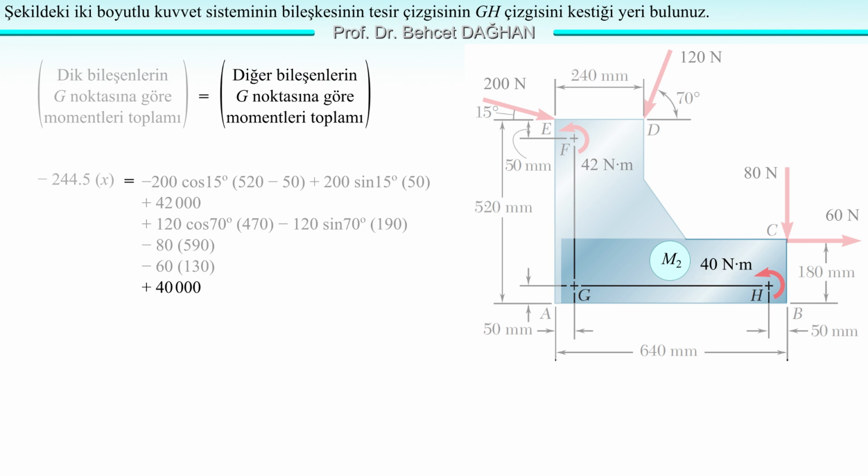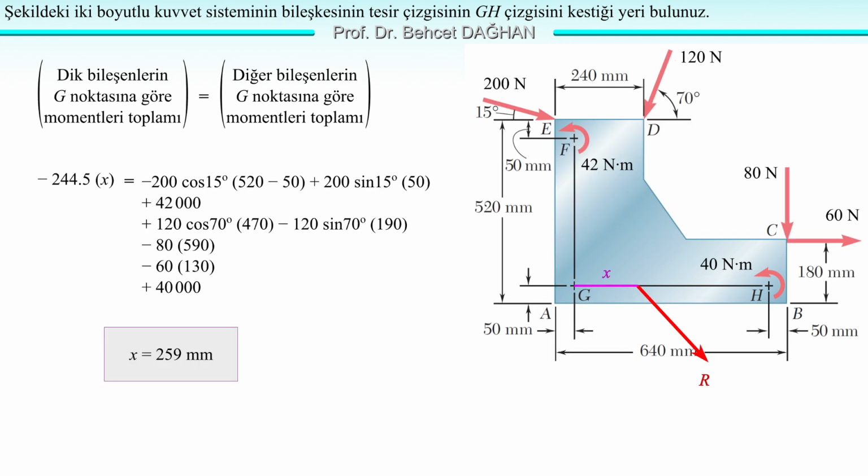Even though it's applied to point H, we know that the moment of a couple about all points in space is in the same direction and has the same magnitude. Therefore, the moment of this couple relative to point G is plus 40,000 Newton millimeters. Let's substitute that in. Thus, we've calculated and added the moments of the other components about point G. Let's add them. From here, we find x. By performing the necessary calculations, we obtain x equals 259 millimeters.